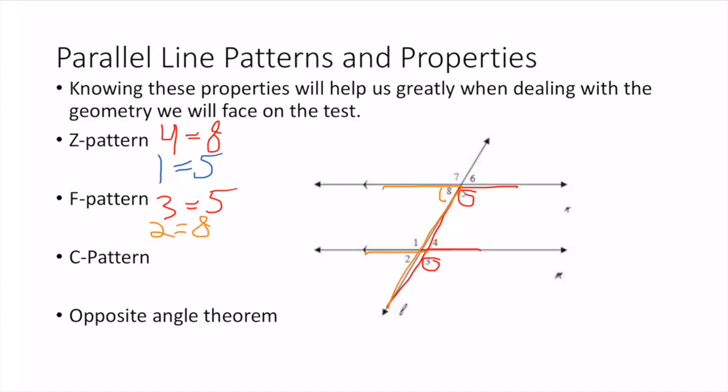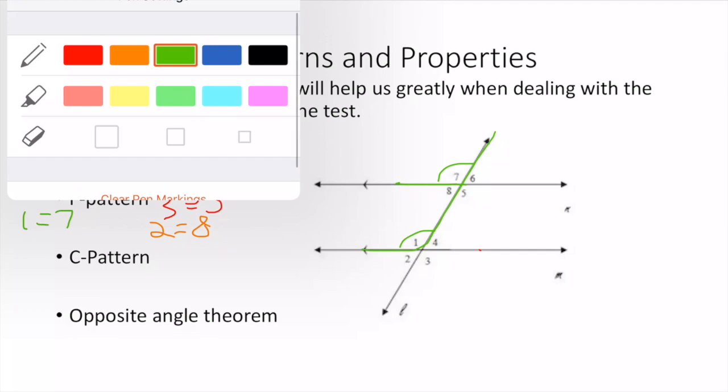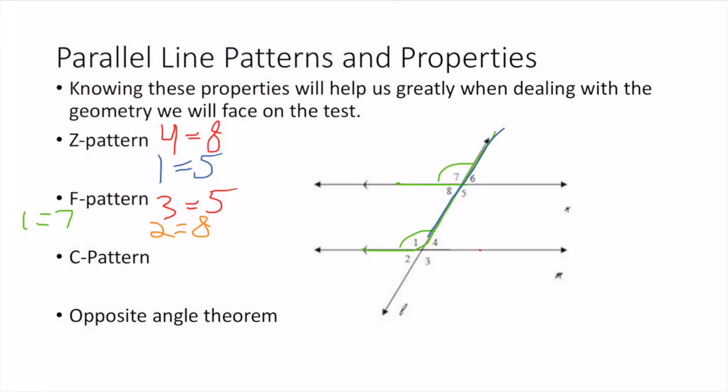Again, the bottom part of the F. I can also flip these upside down. Again, the bottom part, angle 1 equals angle 7. And then angle 4 equals angle 6.